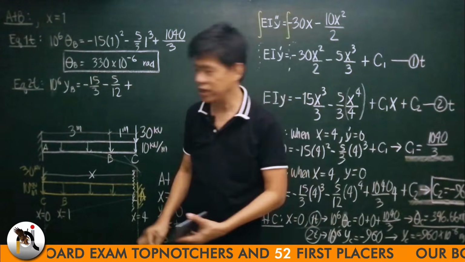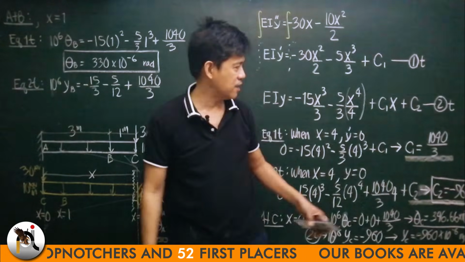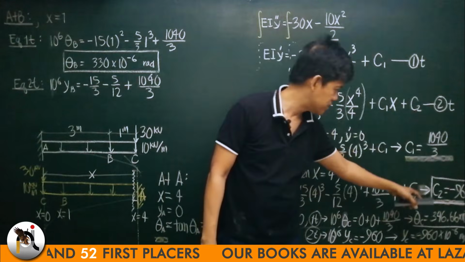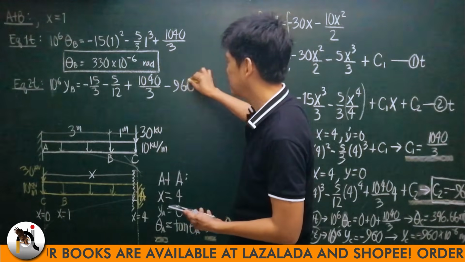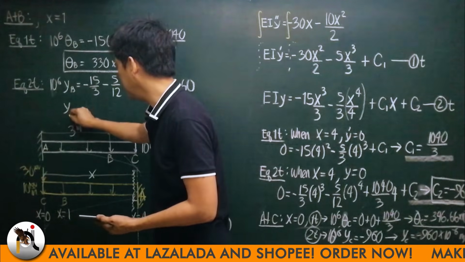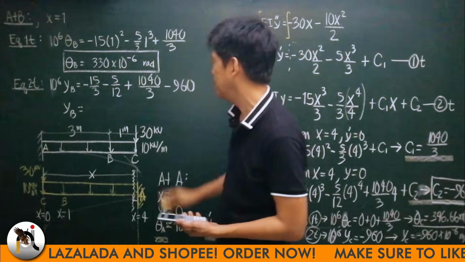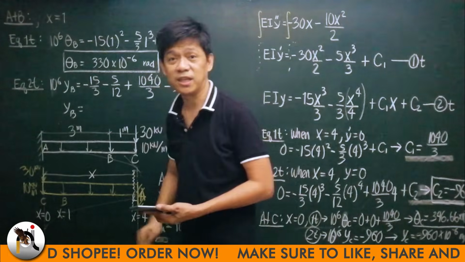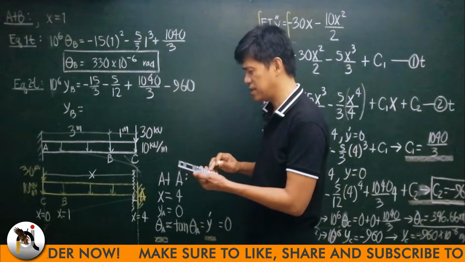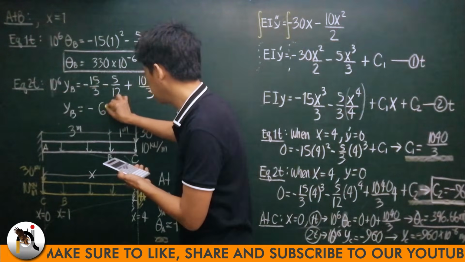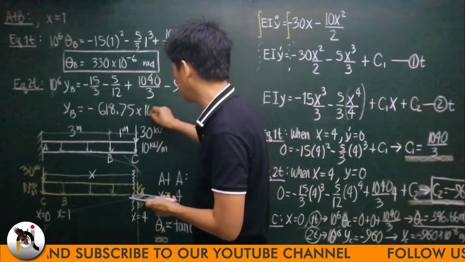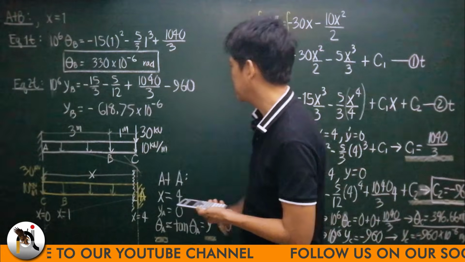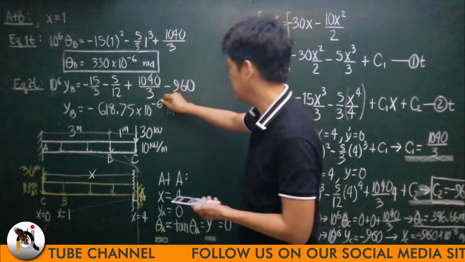C1 is 1040 over 3 and plus C2. C2 is minus 960. Solving, our YB is going to be all of this divided by 10 to the 6. So it's minus 618.75 times 10 to the minus 6, and this is in meters.